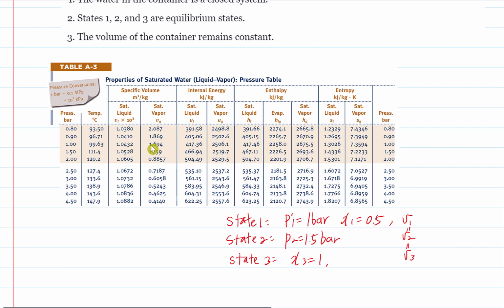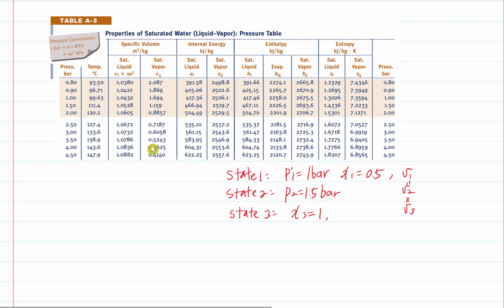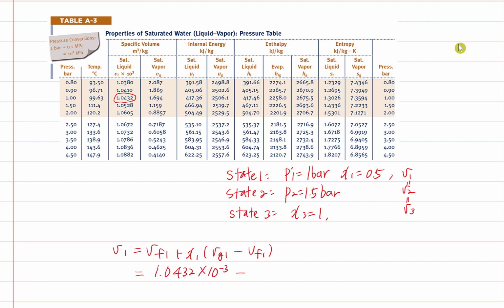So we can calculate the specific volume at state 1: Vf1, and the quality is 0.5, Vg1.